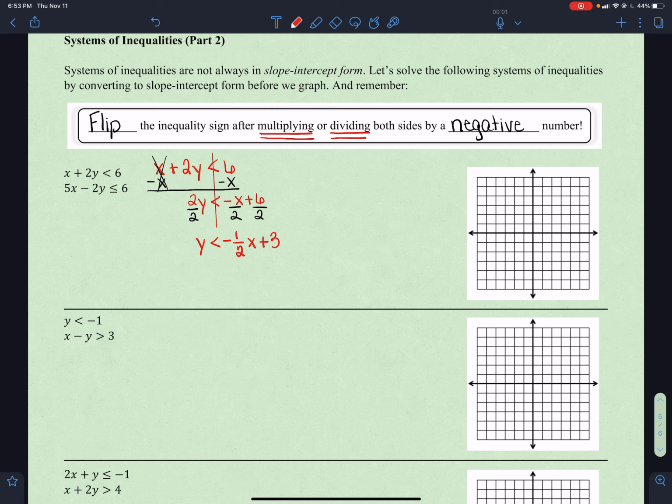Instead, I divided by positive 2. So no need for flipping the inequality in that one. And on this one here, we have a dashed line, and y is less than, so we are going to shade below.